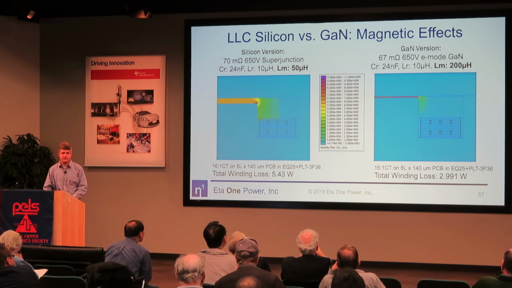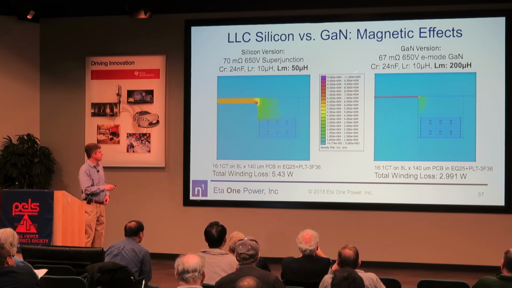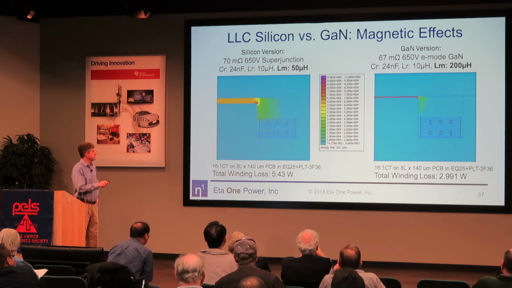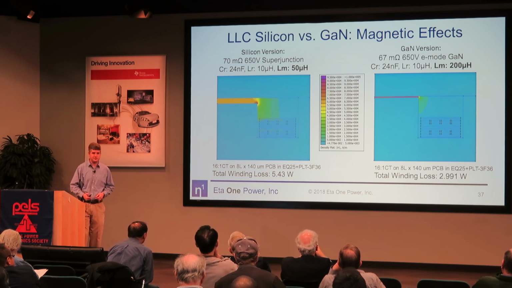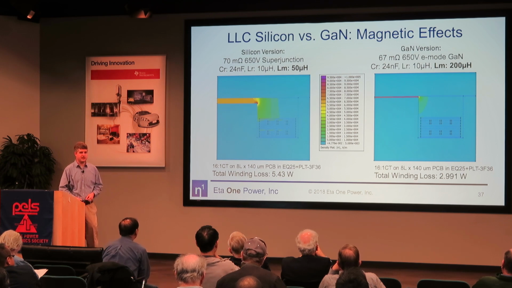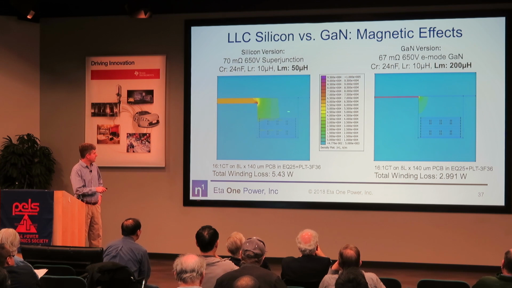This is a brand new technology and has much lower capacitances than silicon. So even though these transistors have the same resistance, the silicon version needs a magnetizing inductance of 50 microhenry to achieve soft switching. The GaN needs 200 microhenry. So that's a lot less circulating current. And most importantly, it's a smaller gap. That means you have much less field emanating from that gap than you would over here.